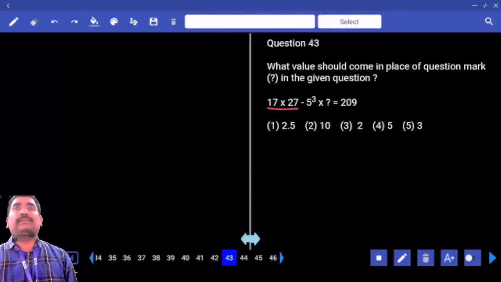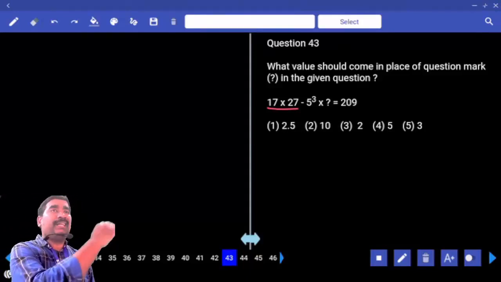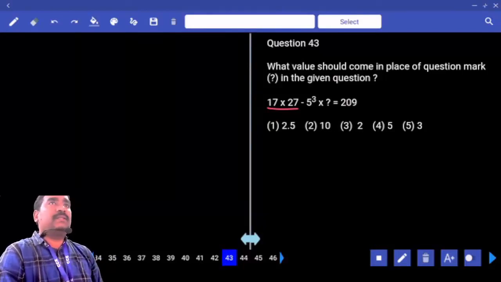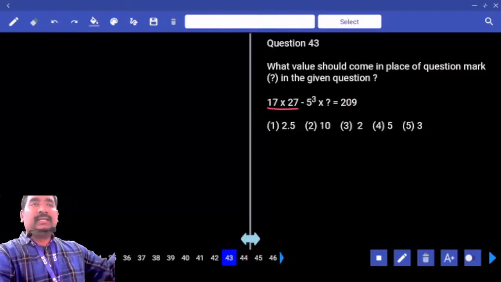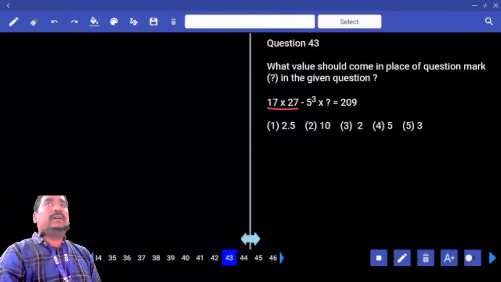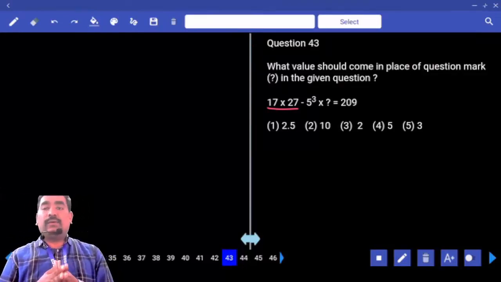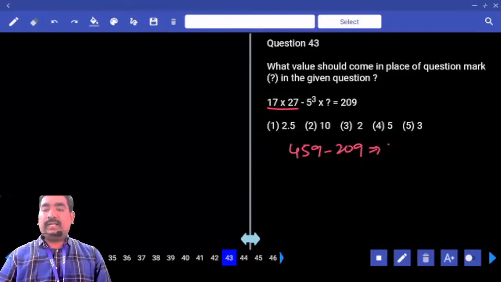1727 times. 1720 times plus 7 times. 1720 times is 340. 17 7 times is 119. 340 plus 119 is 459. 459 minus 209 will give us 250 or not?